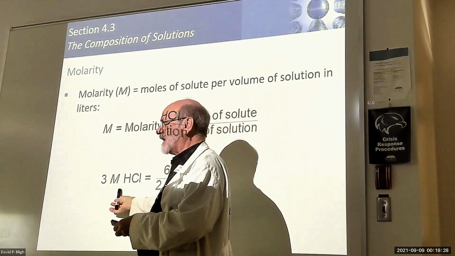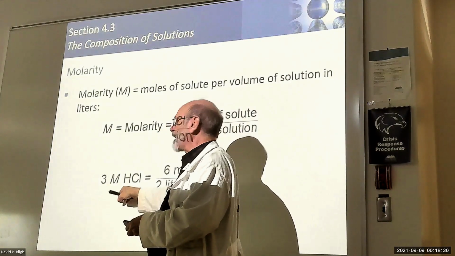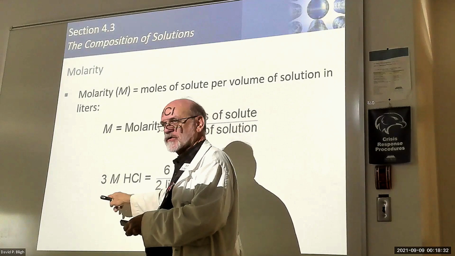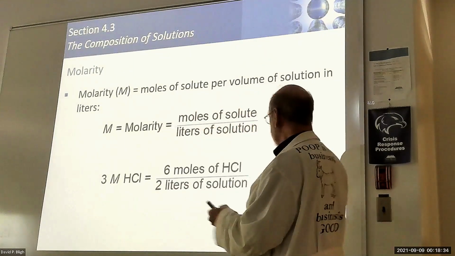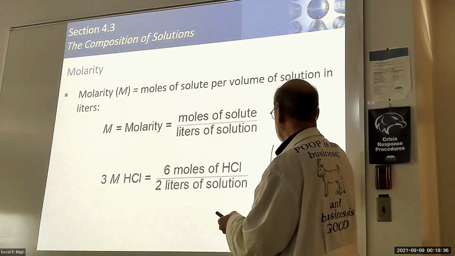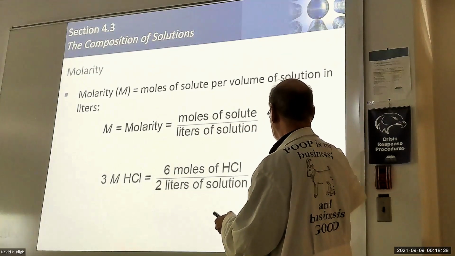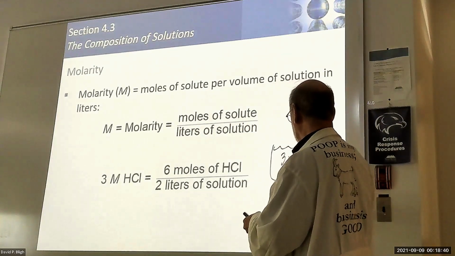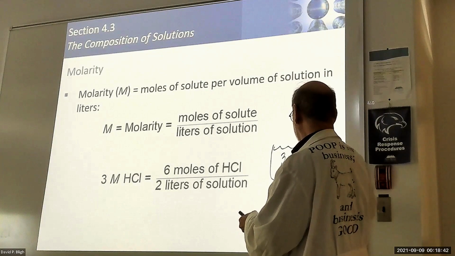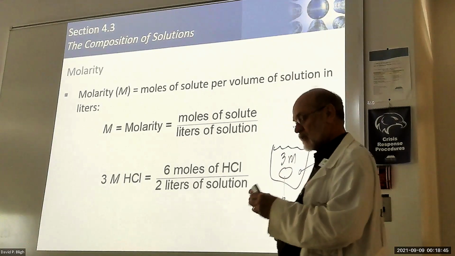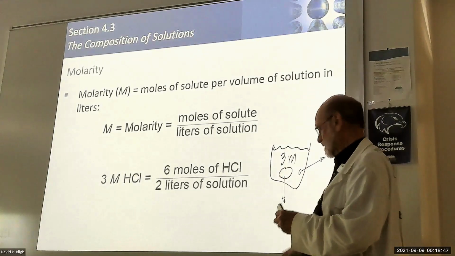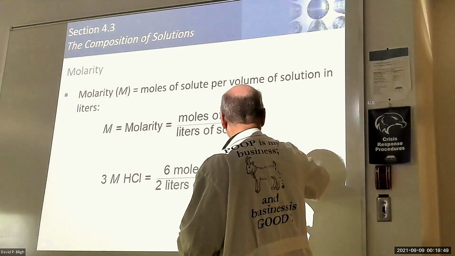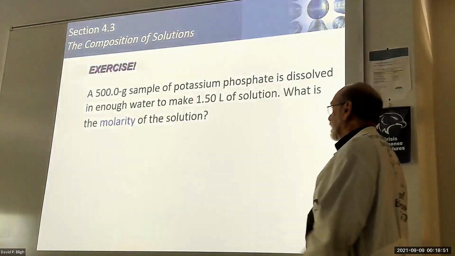Molarity is an intensity factor. It doesn't matter how much you have, that value will always be the same. If you have a solution of 3 molar, you can take out that much of it, or you can take out that much of it, and they'll both be 3 molar concentration. Doesn't matter how much. Okay.